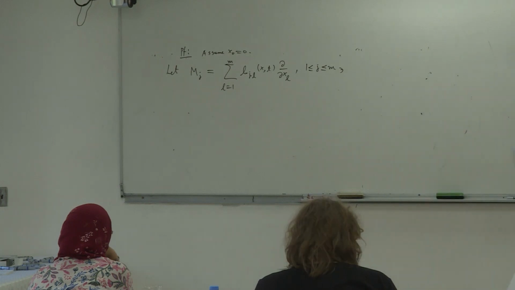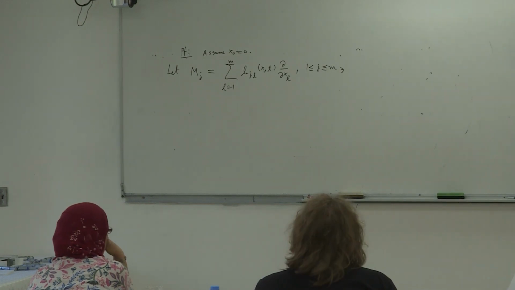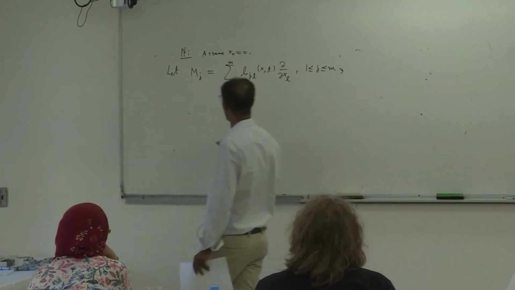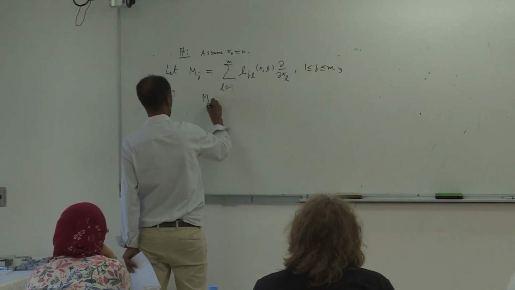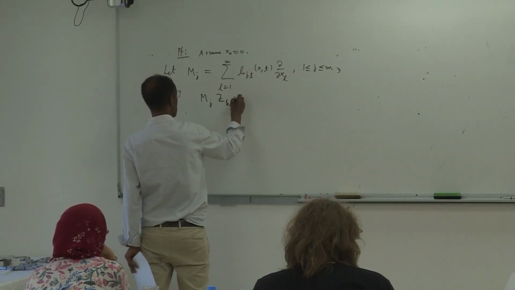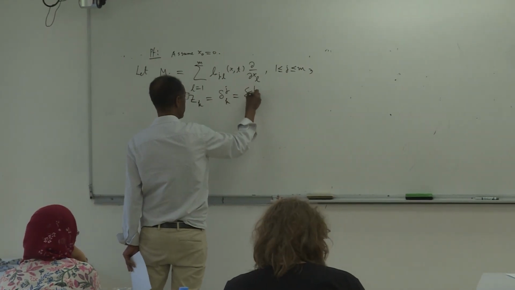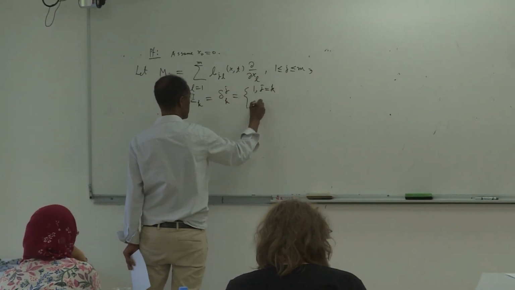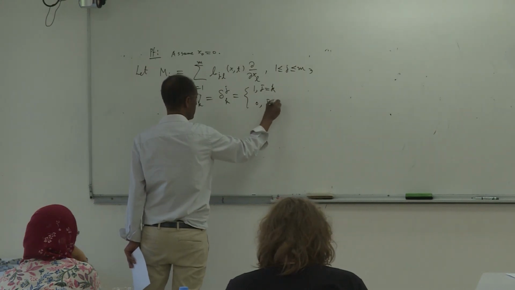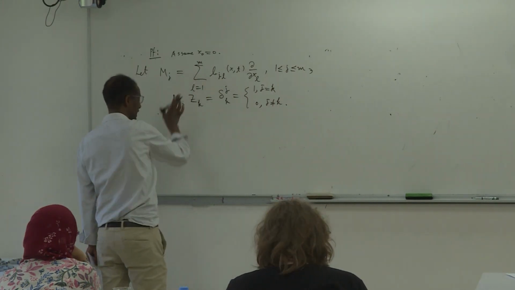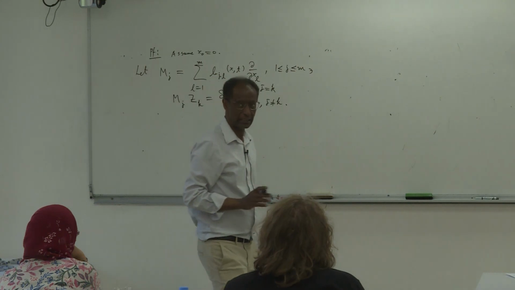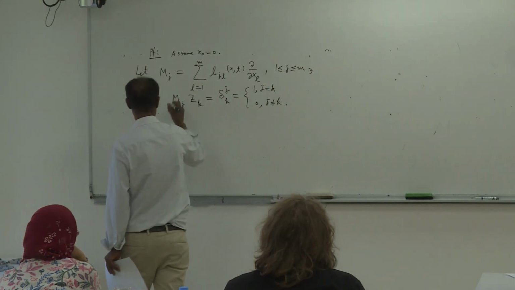So you have these functions. These vector fields have the property that Mj applied to Zk is the Kronecker delta jk, that is 1 when j equals k, 0 otherwise. It's easy to show that these things exist. I'll show you. But what are these supposed to be?